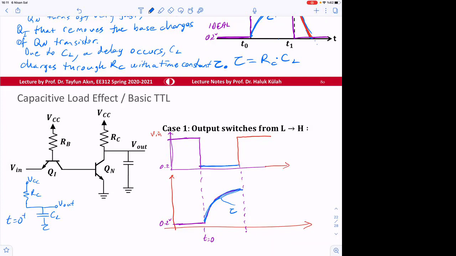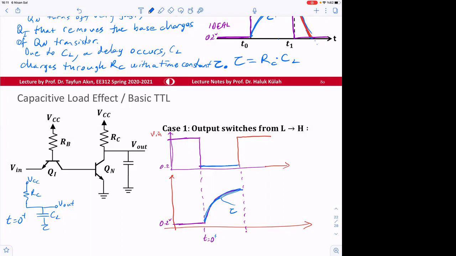So if this is 0, this is 0 plus. T equals 0 plus is here, and that's what happens. It starts from 0.2, and I already mentioned the transistor states here.